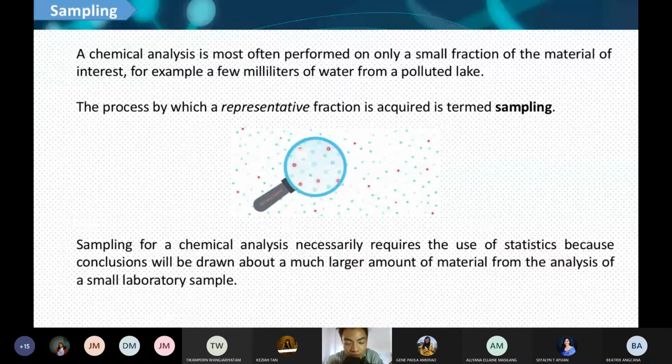What you want to do is just get a few ml of that blood, and analyze it with, let's say, a chromatography instrument to detect the concentration of your analytes in the blood sample. So we call it the representative fraction when we only get a few portions of the population. We only get a few amounts from the original sample, and that is important in sampling.